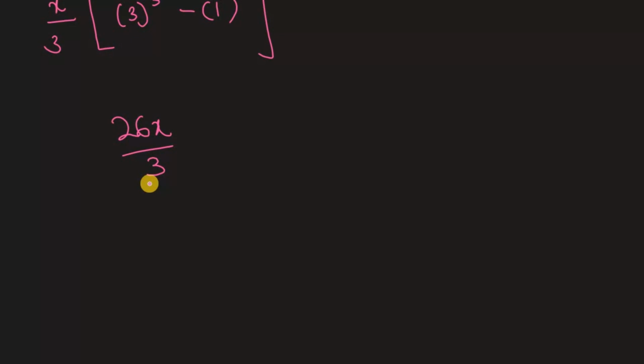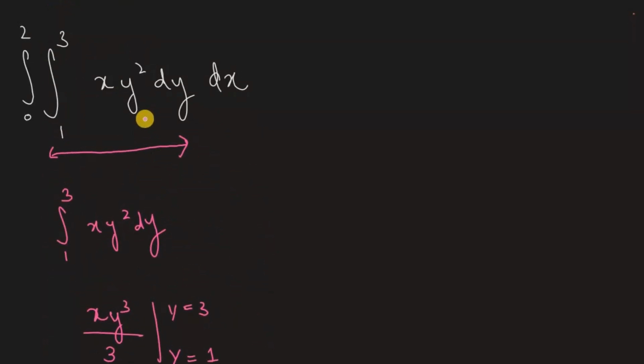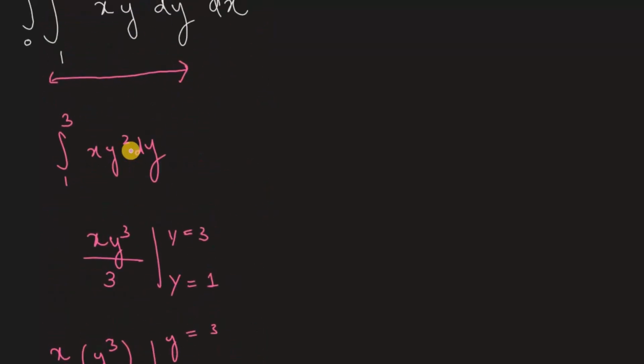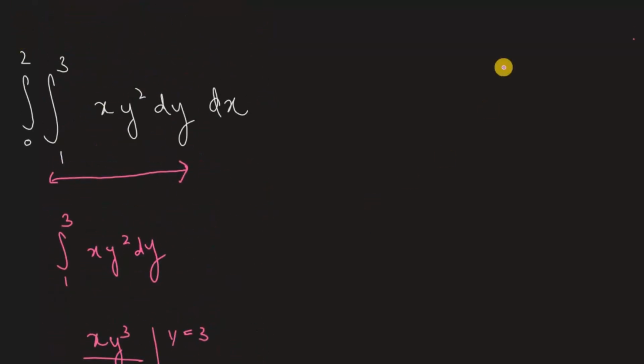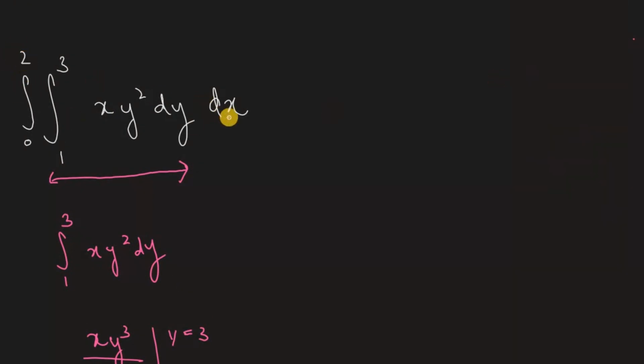And this is our answer to the dy. But remember, we are not done yet. I would always forget that we have a dx over here, and I would simply write, this is my final answer, and I was always wrong. So I figured out that I need to put a symbol over here every time, so that I remember that I still have the dx left.